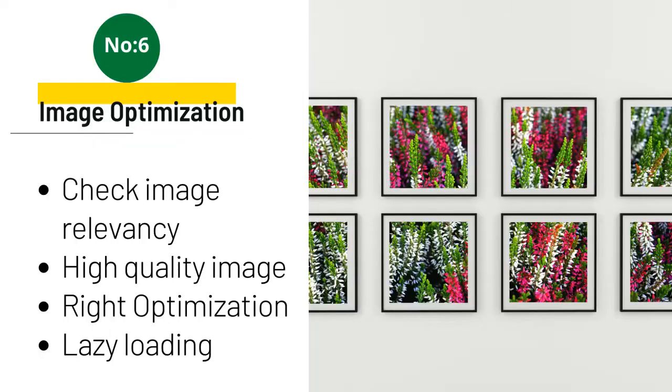You can also choose the lazy loading option, so you can cut the bandwidth, as the image is loaded only when the user gets into the appropriate viewport. Otherwise, the image will not be loaded and you can save your bandwidth. So these are the important things you need to think about in image optimization.